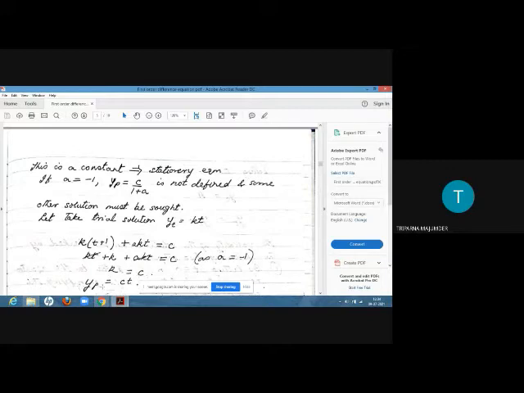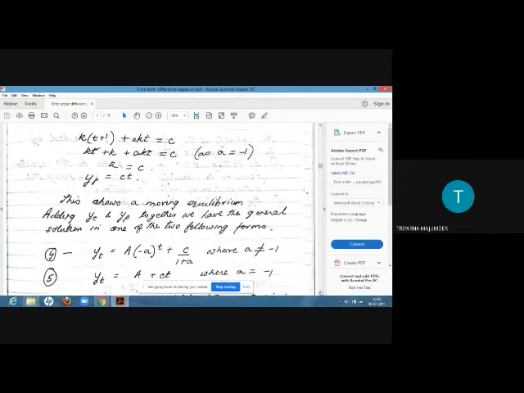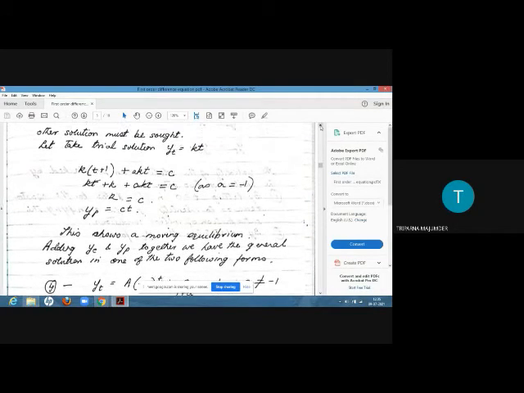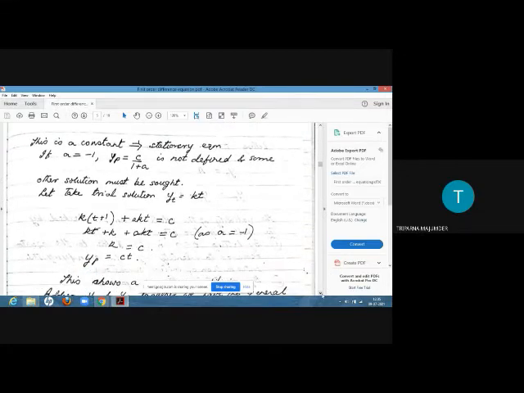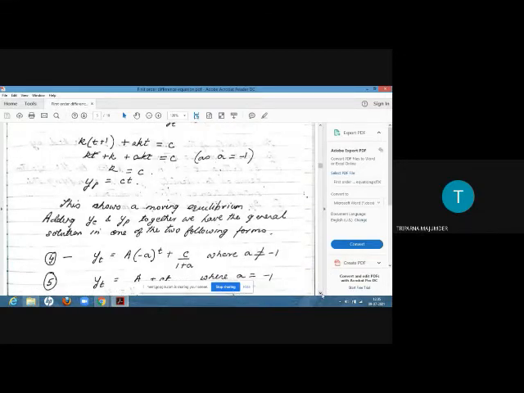So yp in this case is ct. When a is equal to minus 1, yp is equal to ct. This shows a moving equilibrium. Previously, when a was not equal to minus 1, we had a constant, so we got a stationary equilibrium, but here we have a moving equilibrium.